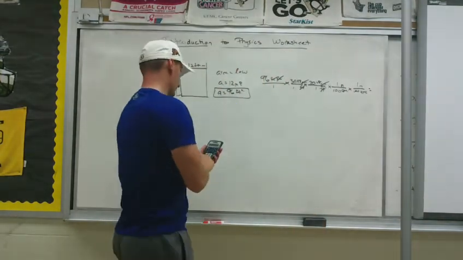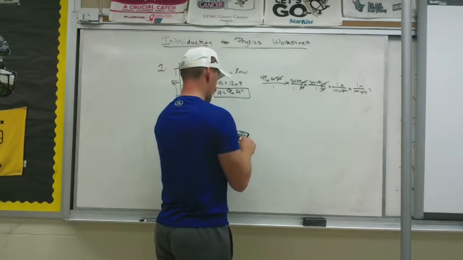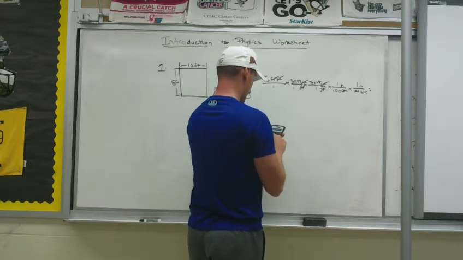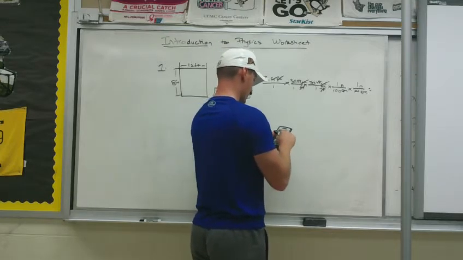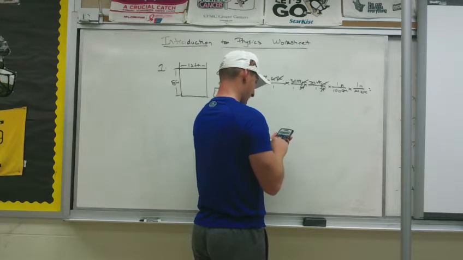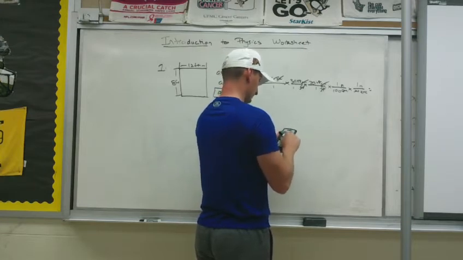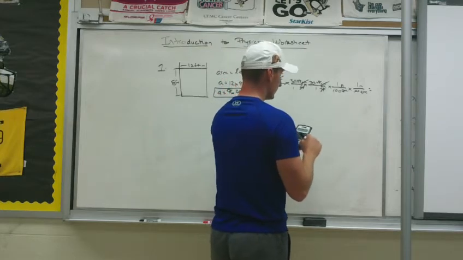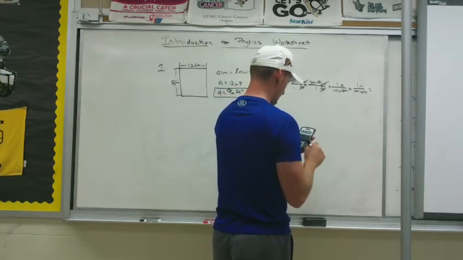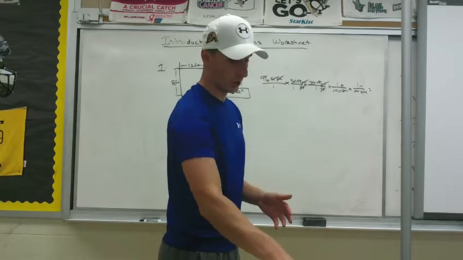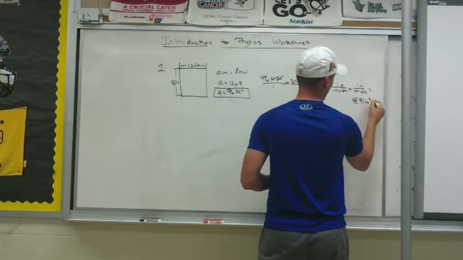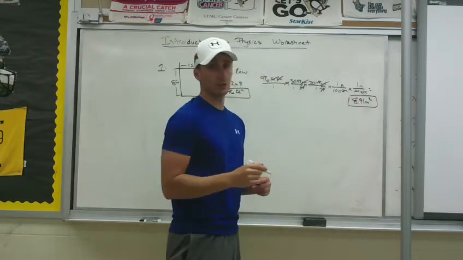So quite simply, I do 96 times 30.48 times 30.48 divided by 100 divided by 100. I get 8.91 meters squared. That is the surface area of one side.